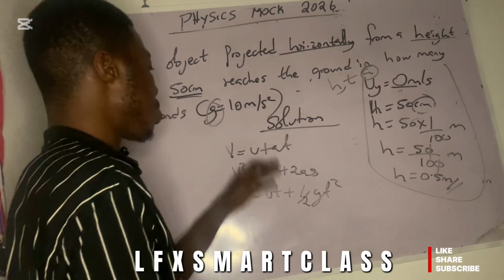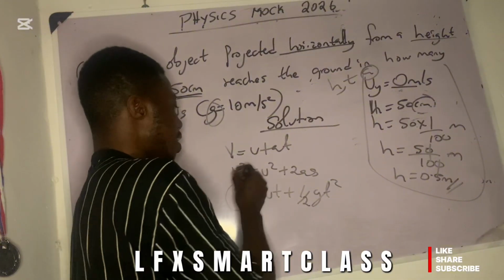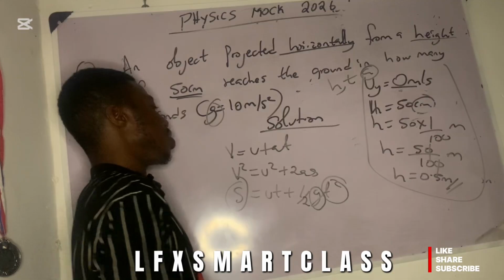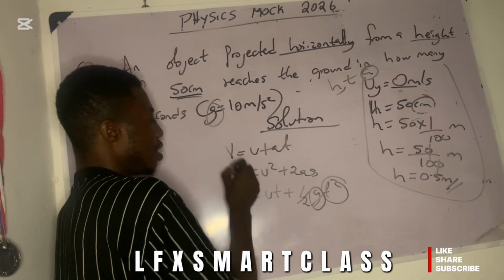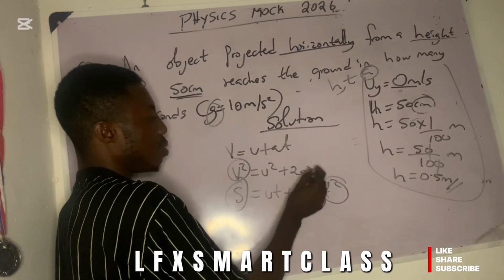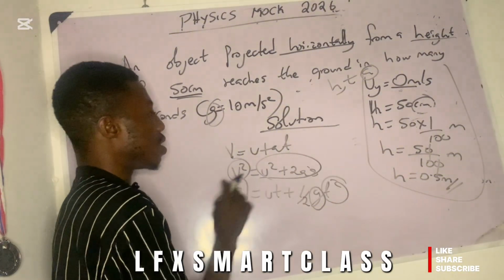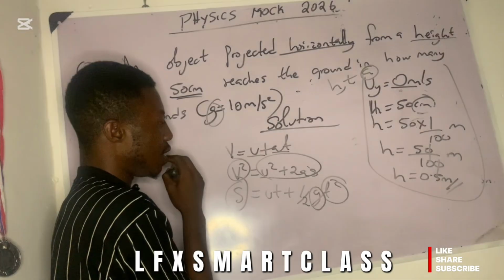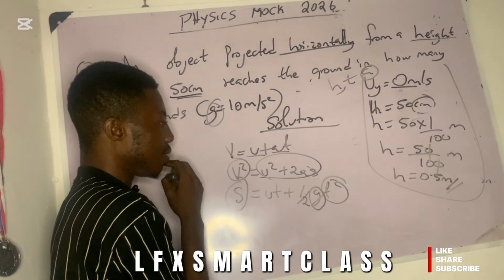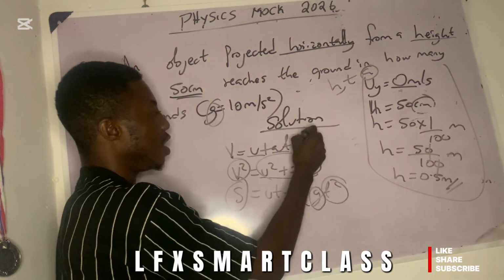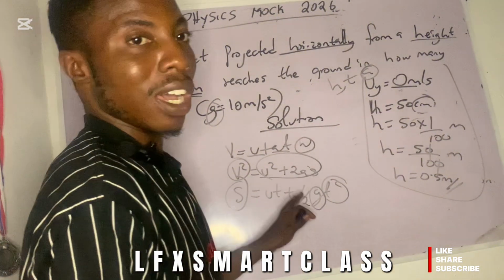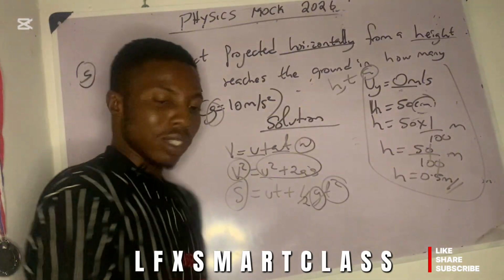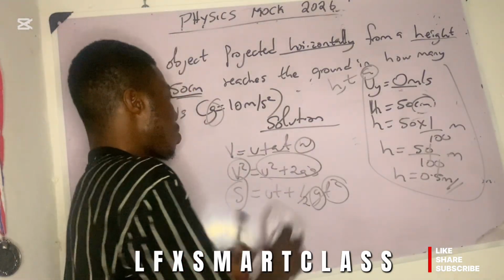This one connects height, which is our s here, time, and acceleration due to gravity. The others have some of these, but the second one does not have time, and the first one does not have h. So the only one that has all of them is this last one. Having this, we can now use this last one.